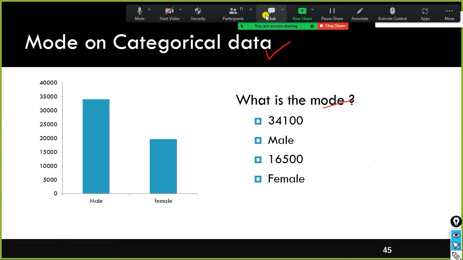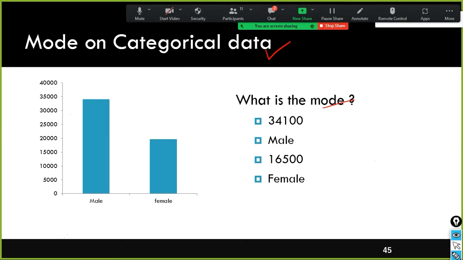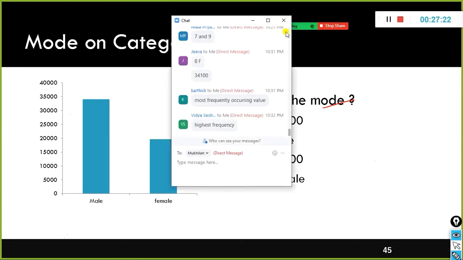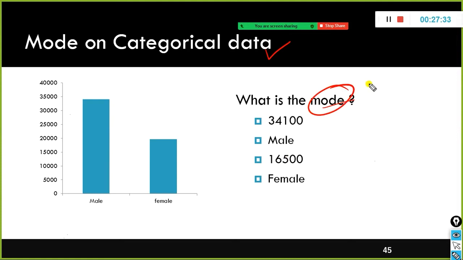What is mode? Come on, yaar. Highest frequency, most frequent, Karthik, correct. The most frequently occurring value, right? Or the most popular value, most frequently occurring value. That is what your mode is, right? Please concentrate here. Most of you are not concentrating here.